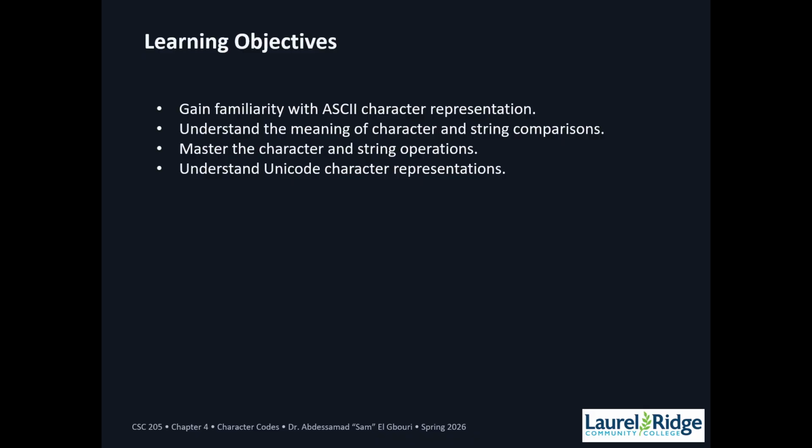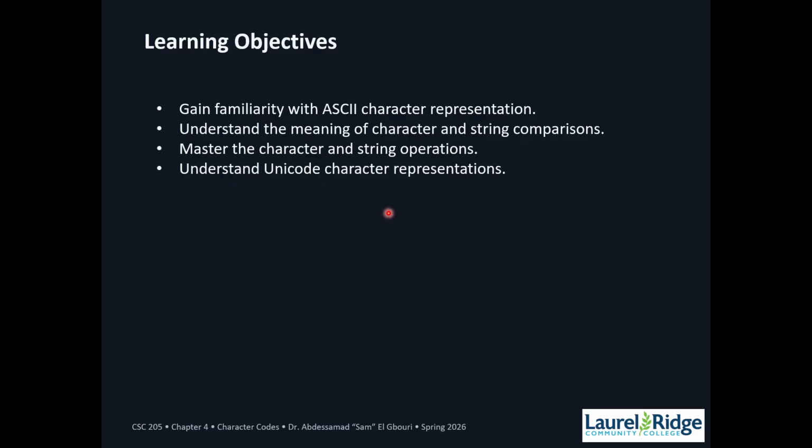So the learning objectives in this chapter will be to gain familiarity with the ASCII code generally, and that's a character representation, and that's actually standard. That's an American standard. Understand the meaning of character and string comparisons, master the character and string operations, and understand the Unicode character representation.